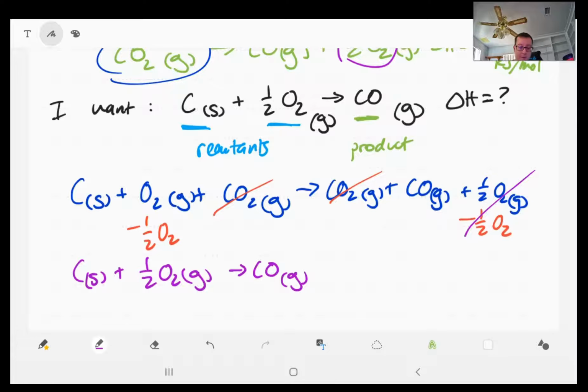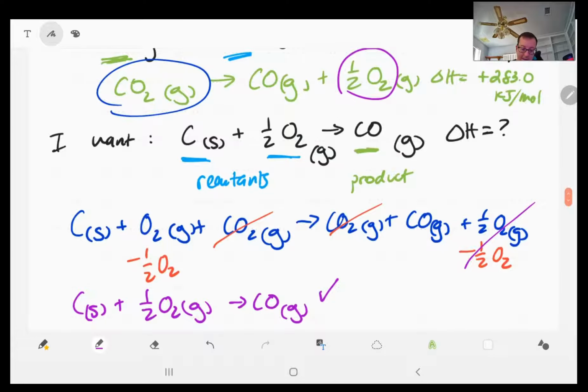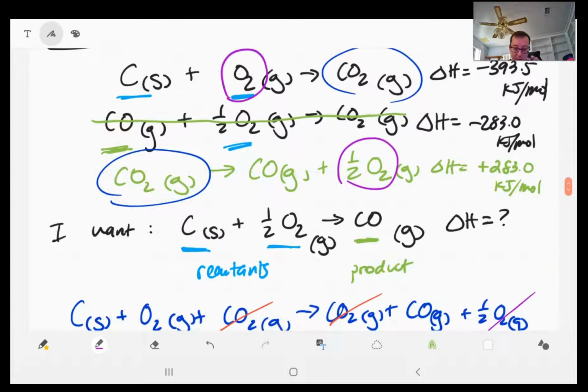So as a result, we get this, and is that indeed the reaction that we want? It is. Now we just have to look at the delta H's and see what we did. All we had to do was switch around the second reaction, so we just need to use the positive value of delta H for that one. We're going to still use the same one for the first.